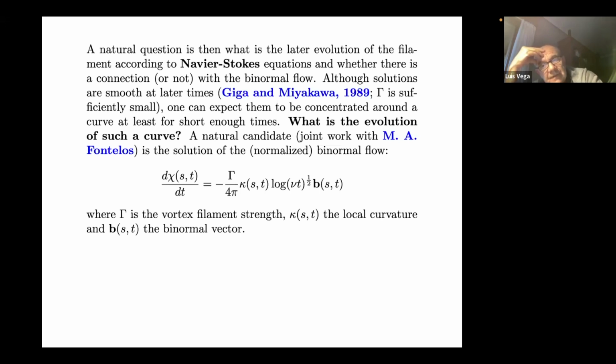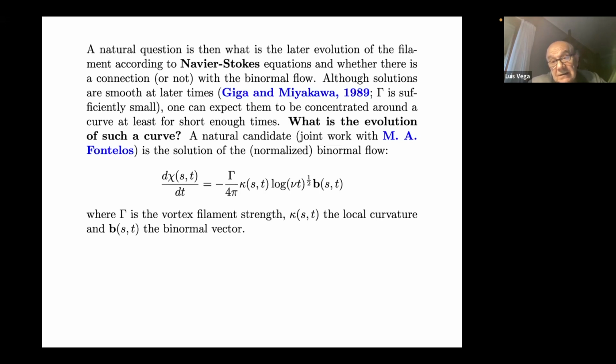Anyway, what I want to do is convince you that, in fact, Giga-Miyakawa solutions describe what we have seen, at least for some relevant times, not too long, but not too short either, in the videos we have seen.